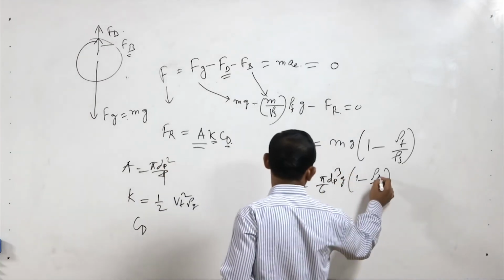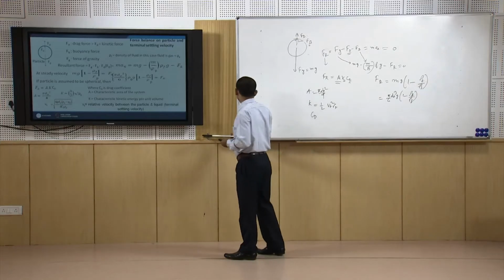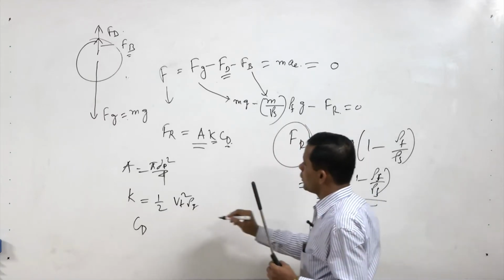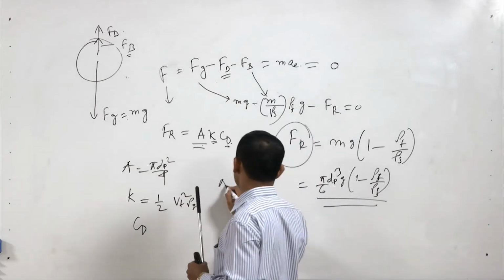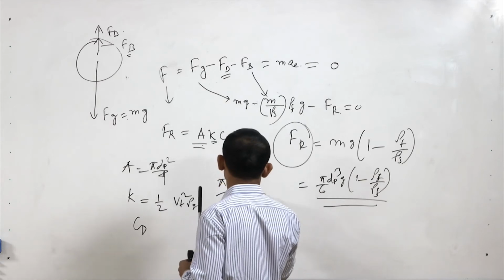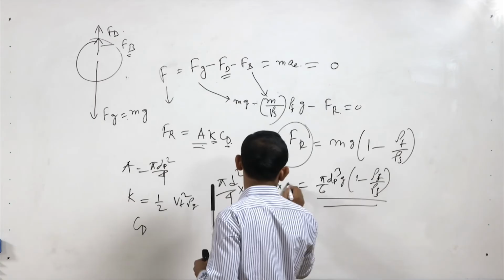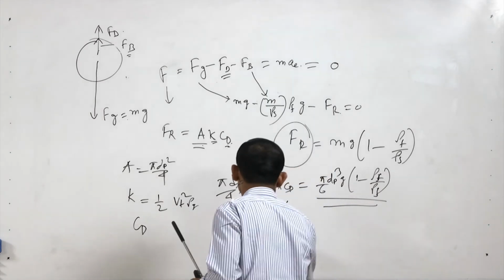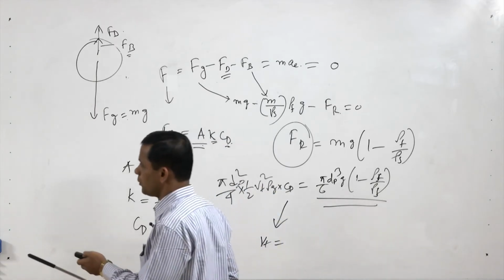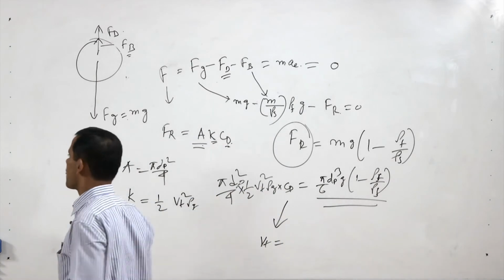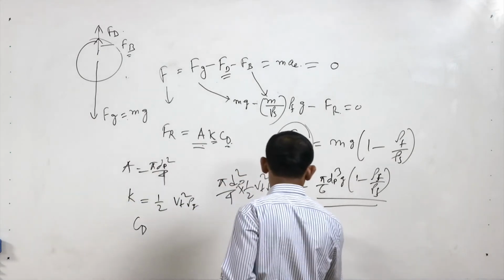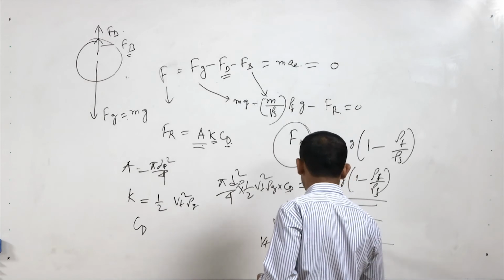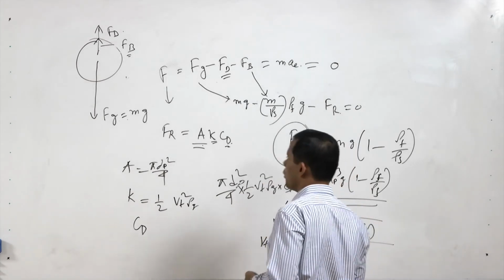Now if we put Fr equal to A, K and Cd, that means pi dp square by 4 into half Vt square rho g into Cd, then by rearranging we get Vt equal to root over 4g dp into (rho p minus rho g) divided by 3 Cd rho g.